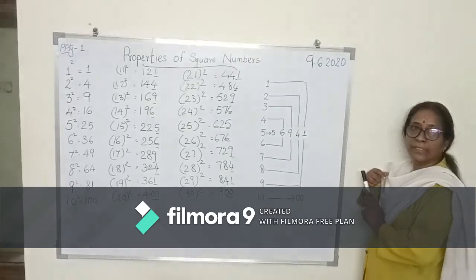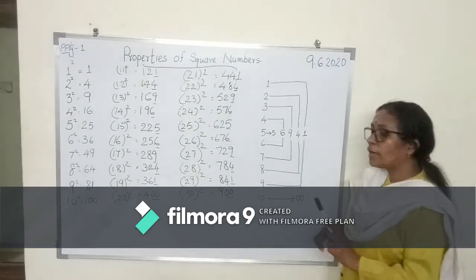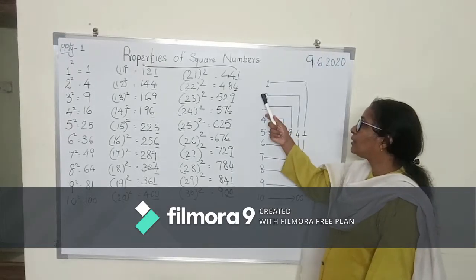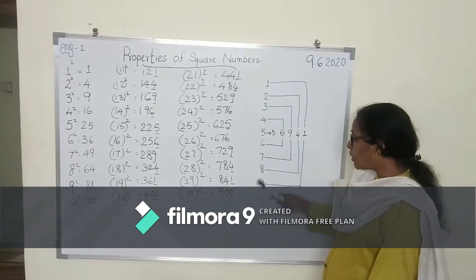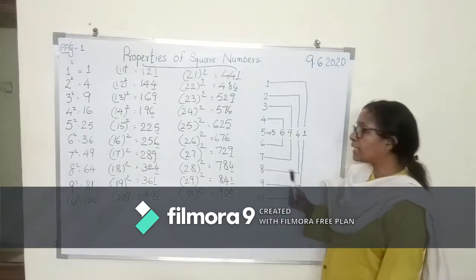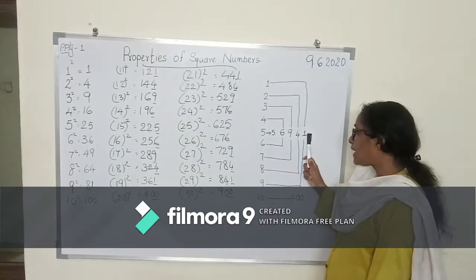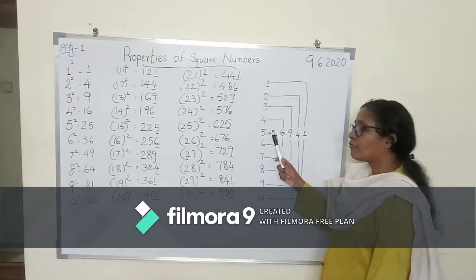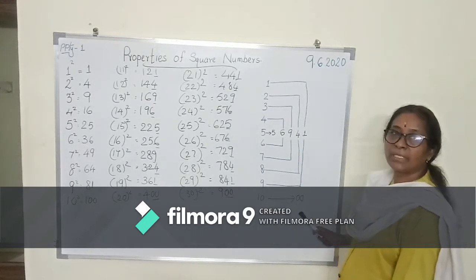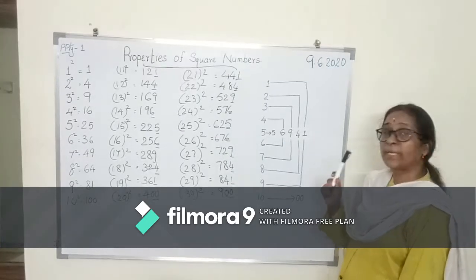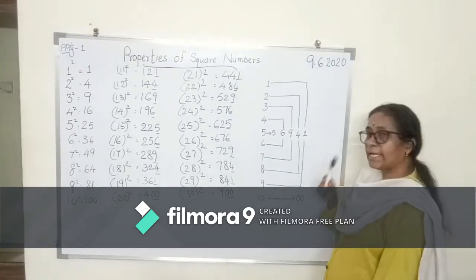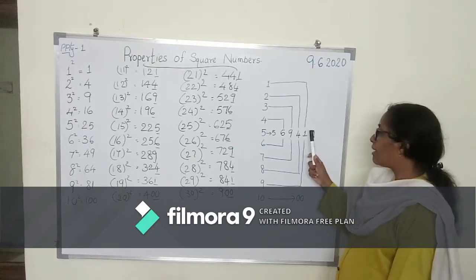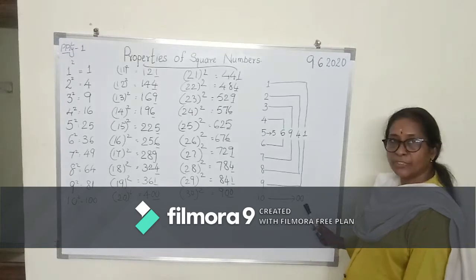That means all the square numbers end with 1, 4, 9, 6, 5 or double zeros.